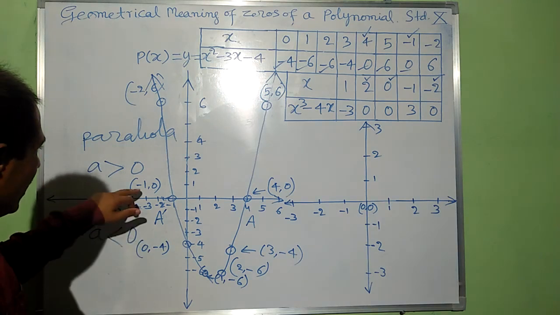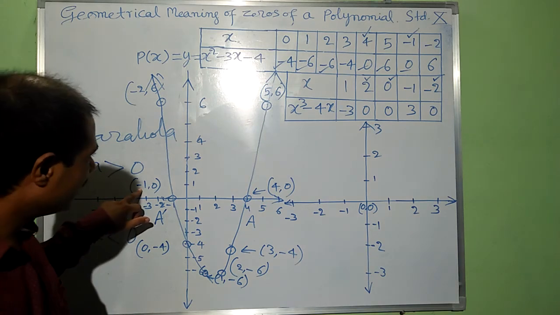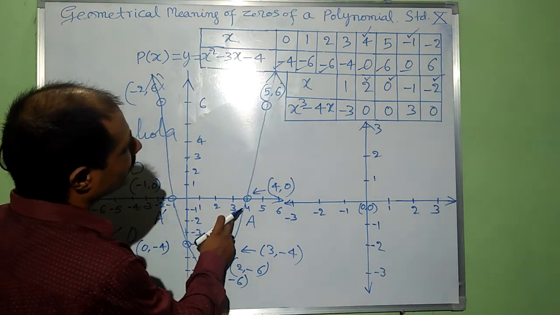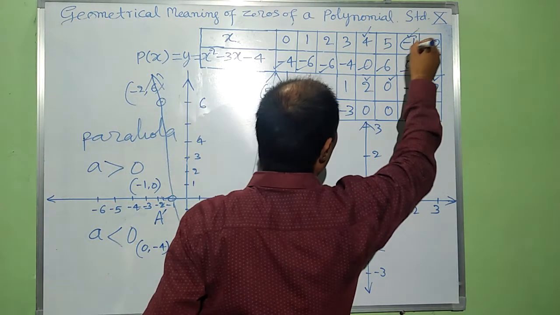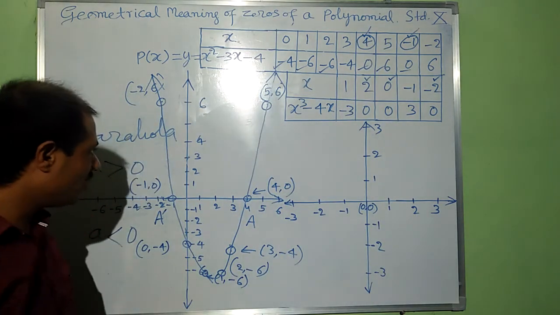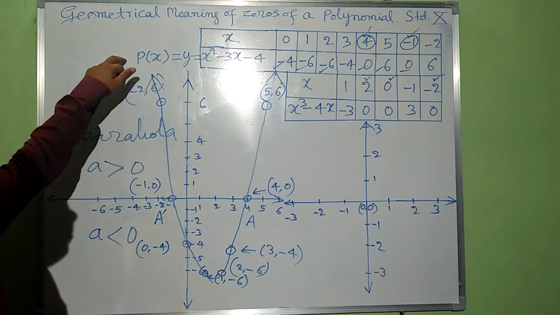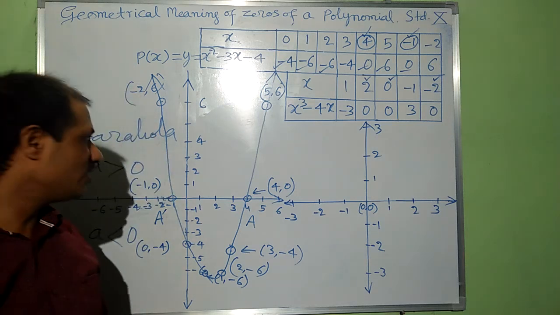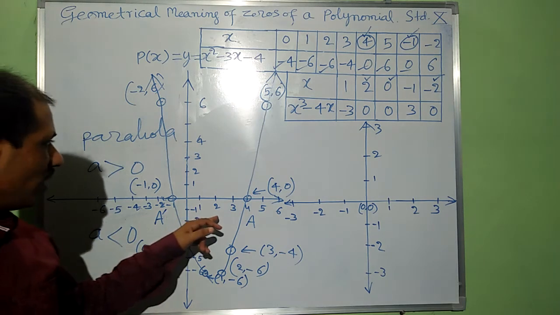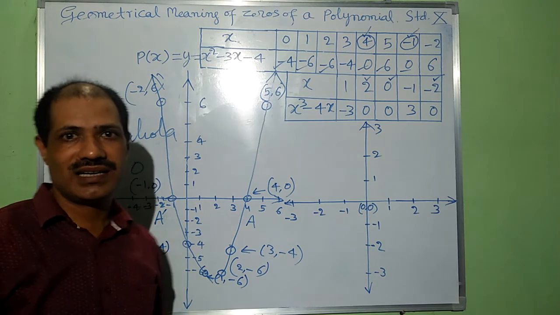Those are coordinates of x, that is minus 1 here, and here is 4. Minus 1 is one root, 4 is the other root of this quadratic polynomial. In this way, this quadratic polynomial has at most two distinct points at which the x-axis is intersected.